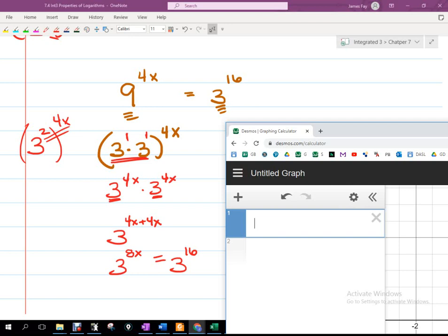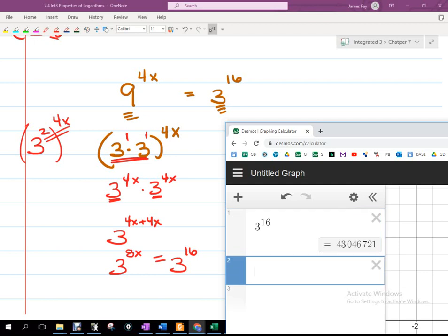It's going to do a lot more and be more powerful than your $10 calculator. So what I'm trying to say is that the cheaper your calculator, the more it might not be able to calculate something that large, with some of the exponents that we do. But 3 to the 16, this calculator will do it, okay?